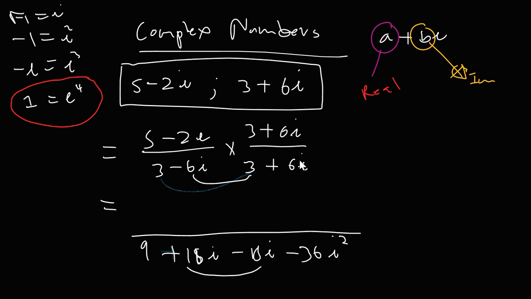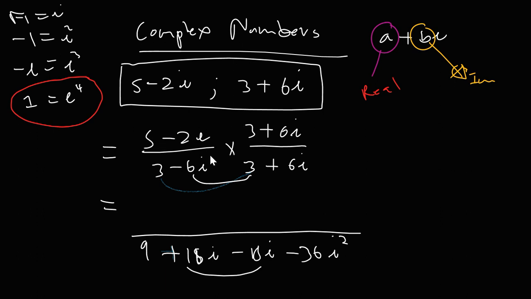But if you're multiplying by a conjugate, you always just multiply the first and the last, and the last and the first. That's all. So on the numerator, because there's not a conjugate of this, you do it the right way.